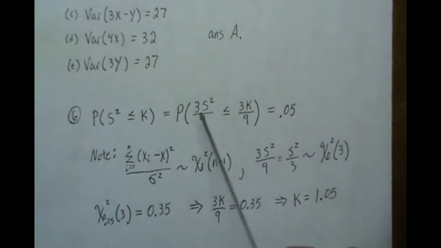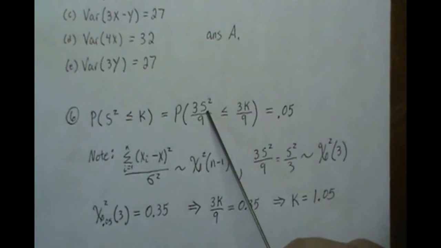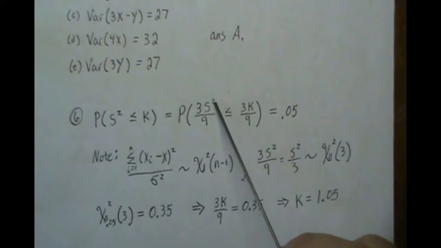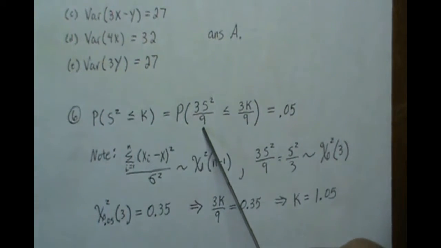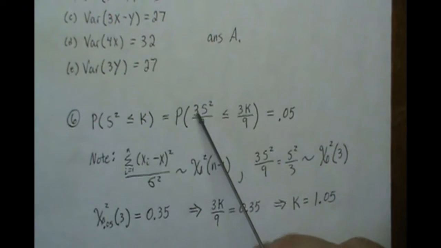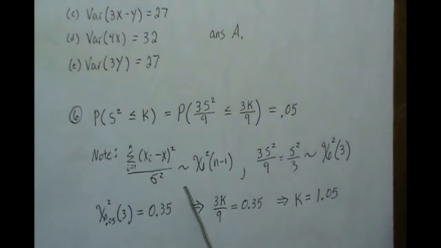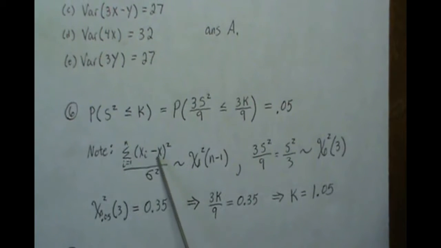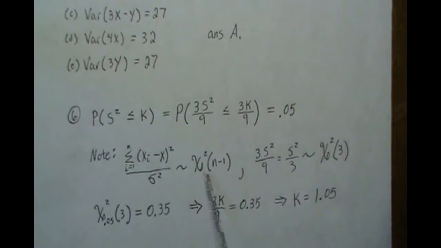Now, this is to illustrate that this sample variance is divided by n-1, divided by 3. So we get rid of that 3 in this denominator, and then we divide by the variance, which in the problem they said is 9. So really we could just divide by 3 to both sides, but I wanted to illustrate that point here. So here's a note that this quantity squared divided by the variance is chi-squared with n-1 degrees of freedom.